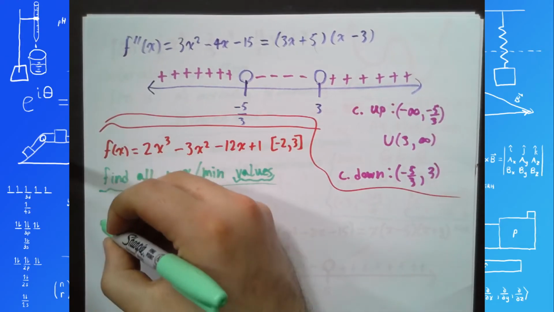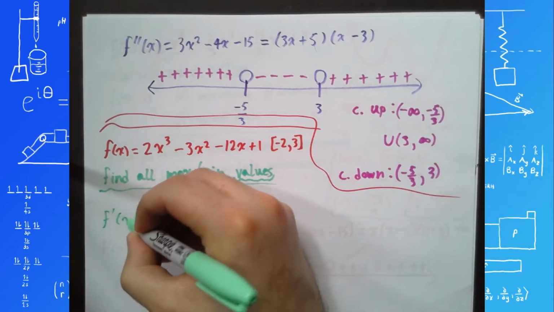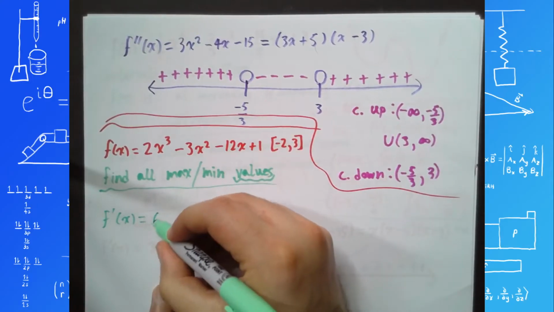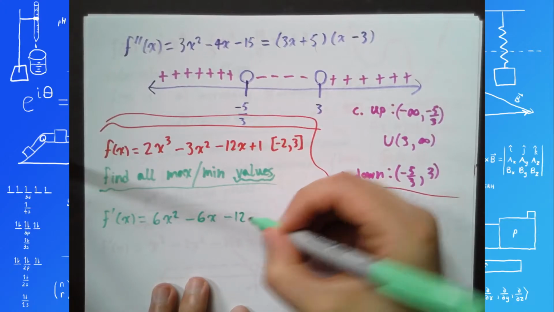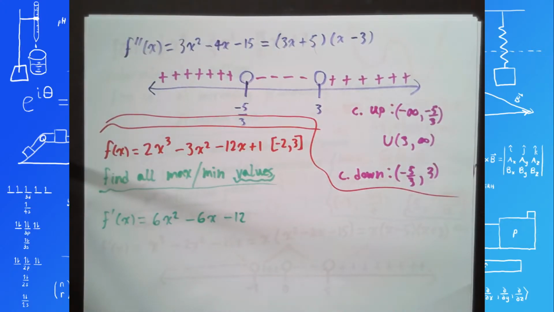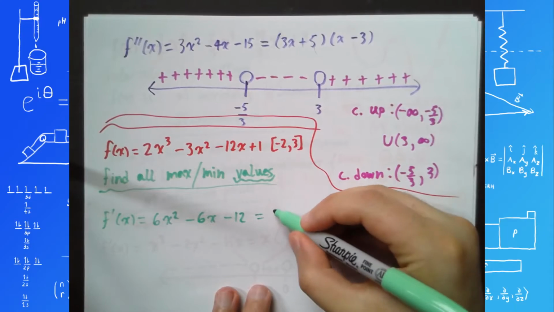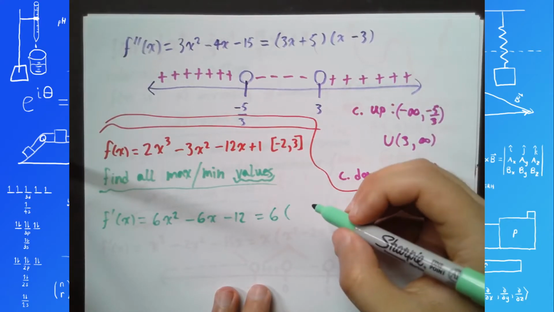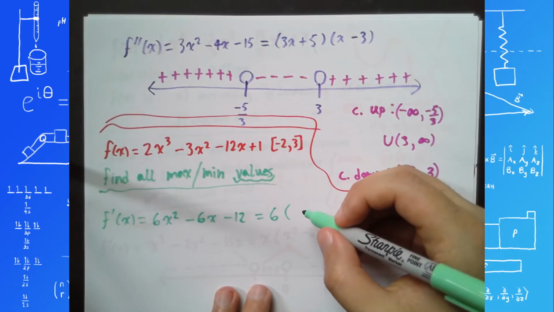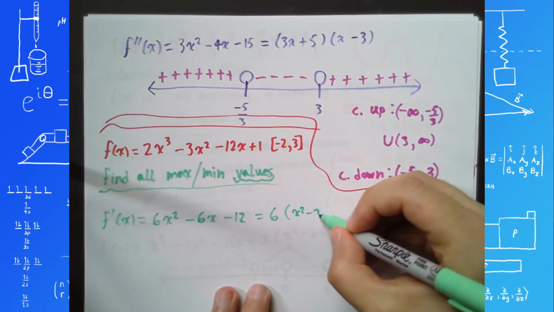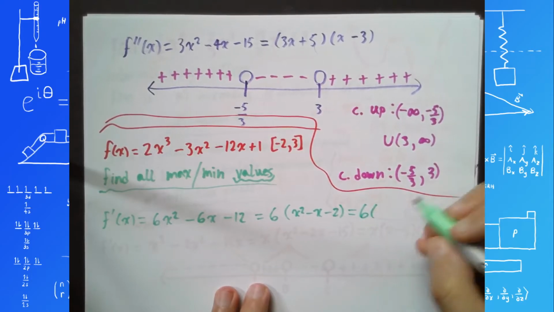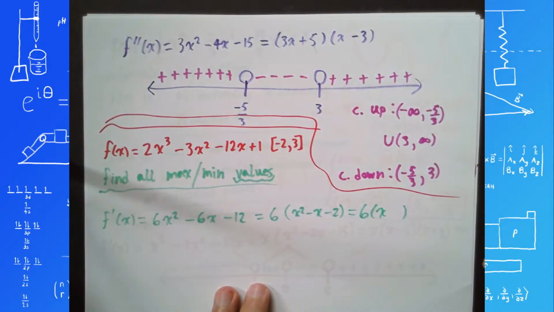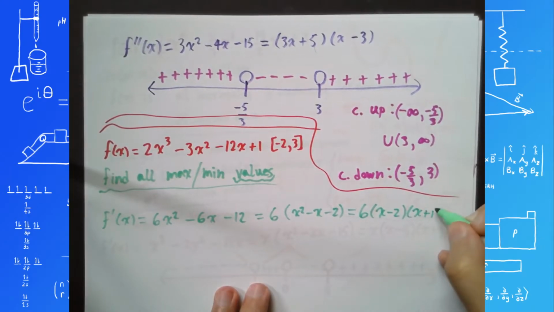Let's go ahead and differentiate. F prime of x equals 6x squared minus 6x minus 12. If we factor this, we can factor out a 6. And then we've got x squared minus x minus 2, which I believe can factor further into minus 2 and plus 1.